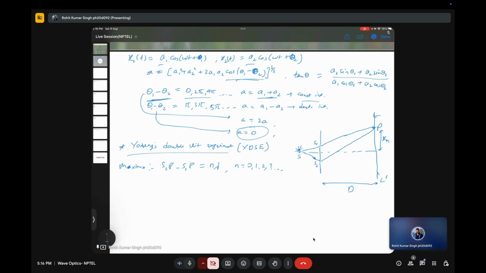Now how can we relate this in terms of xn, this point, like at which point you will have maxima or minima? To do that you can calculate this path difference basically. So let's calculate the difference of the squares: S2P square minus S1P square.